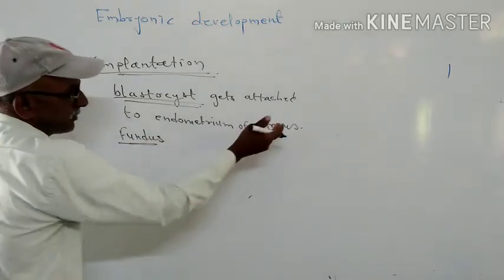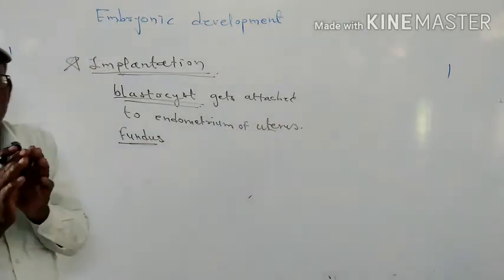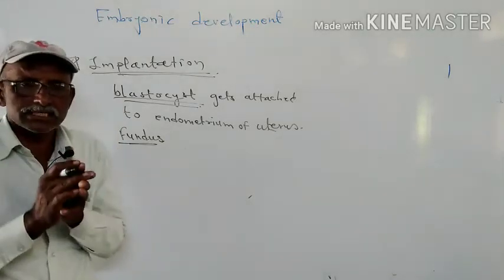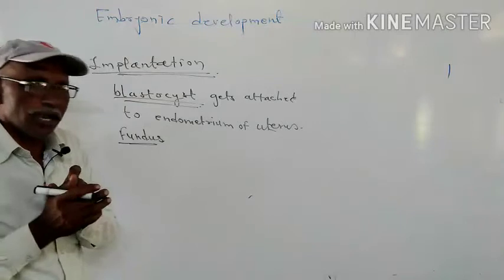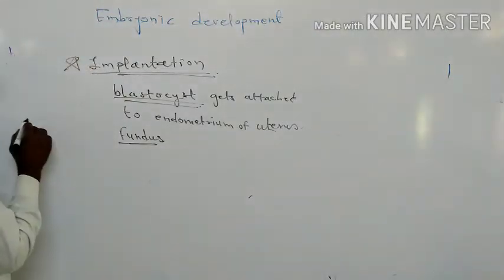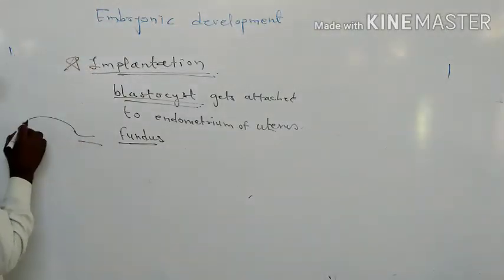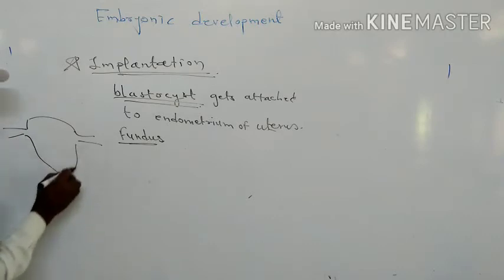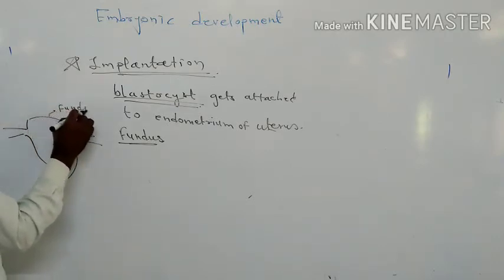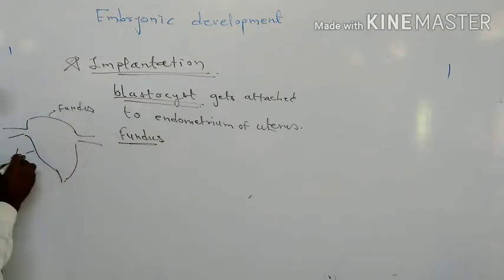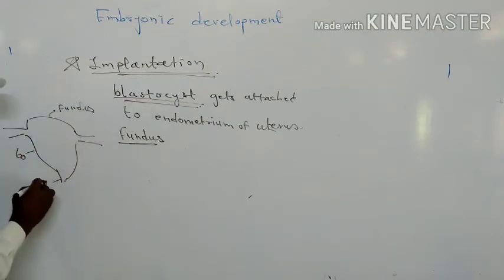Because we see that the uterus has 3 regions. The dome shaped structure is called the fundus. This is called the body, and this is called the cervix.